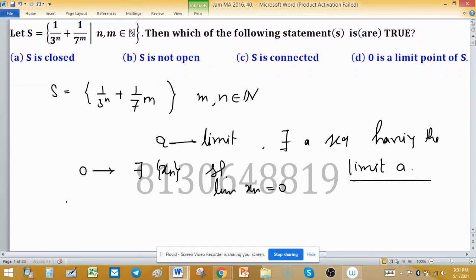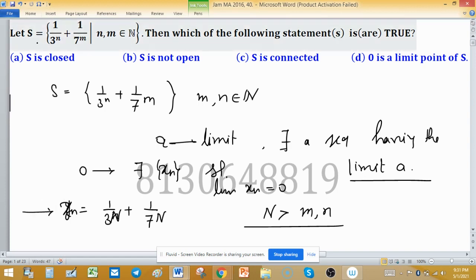So we know that, consider yn as 1 upon 3 raised to the power capital N plus 1 upon 7 raised to the power capital N, and n is greater than m. So consider this is xn, and this is a subsequence of set S, because S contains subsequences.